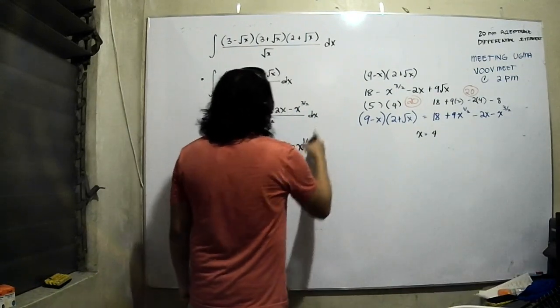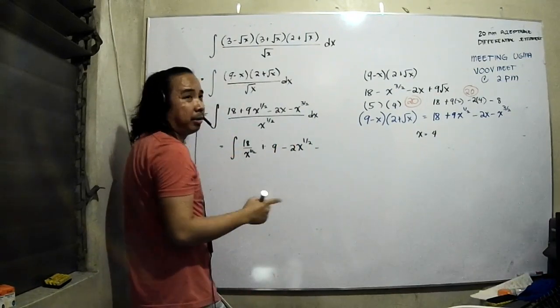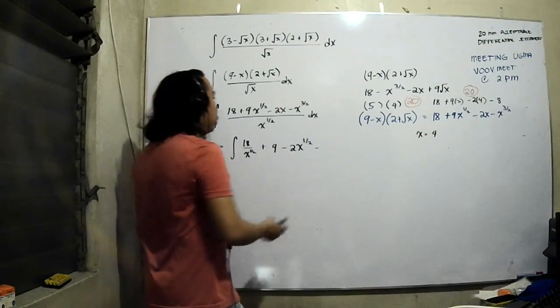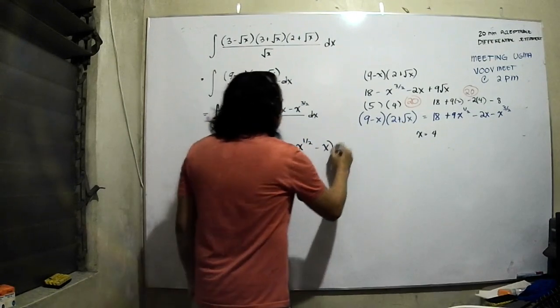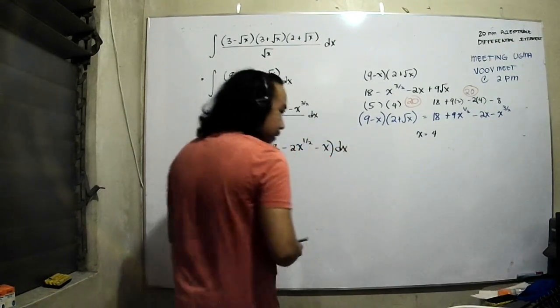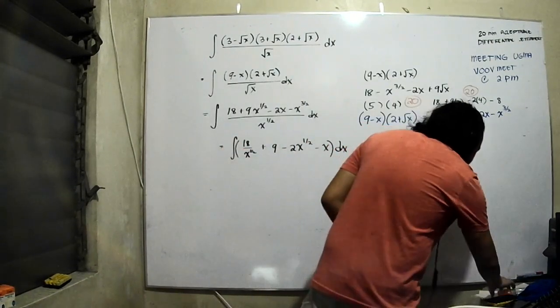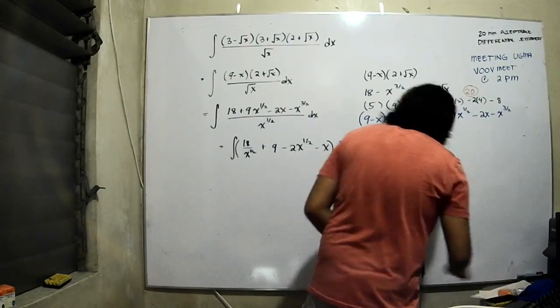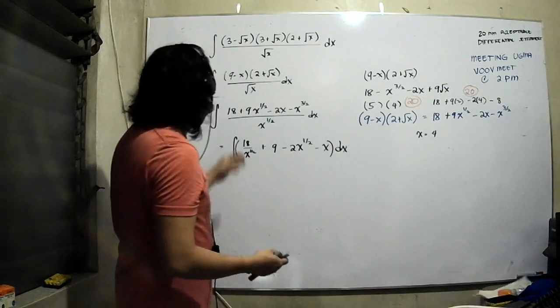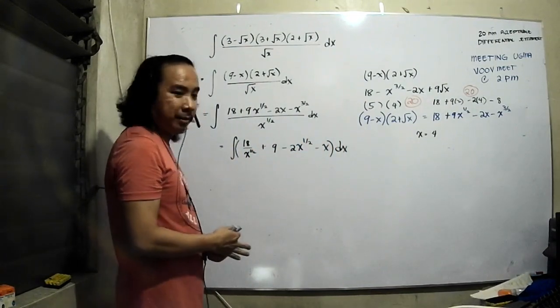Then minus x to the power of 3 halves minus 1 half, that should be x to the power of 1. So we have an expression.